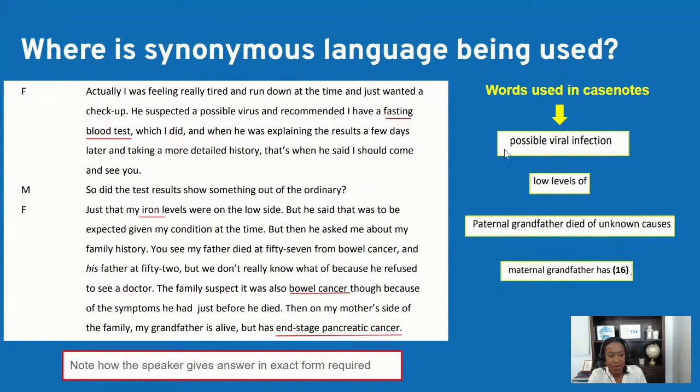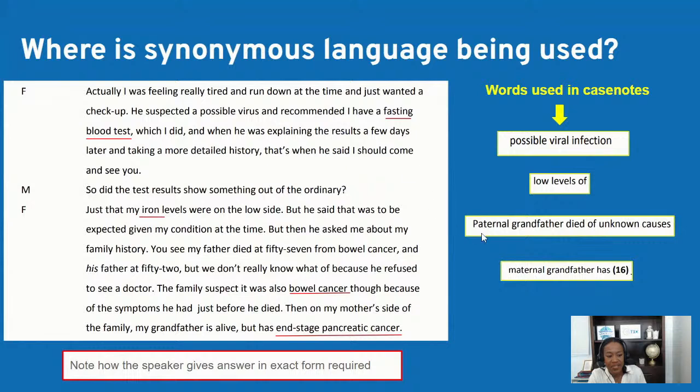Okay, so can anyone tell me, for example, what was said instead of possible viral infection? Can anyone read this part and tell me what was said instead of possible viral infection? And then move on to try and find other words used instead of low levels of. Look in this section.